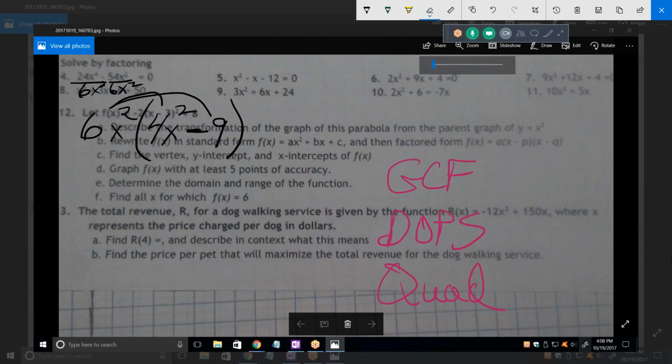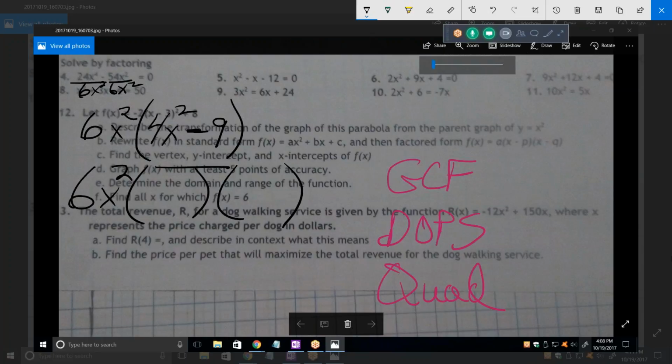Okay? Now, after we took the greatest common factor out, we can see that the next check would be, do we have any difference of perfect squares? We do. 4x squared is a perfect square, and 9 is a perfect square. And they are being subtracted.